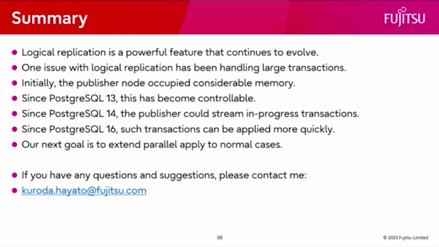From PG14, the publisher could stream in-progress transactions to the subscriber side. With PG16, such transactions can be applied more quickly by using the parallel apply feature. Our next goal is to extend this feature to the normal case, further enhancing logical replication.